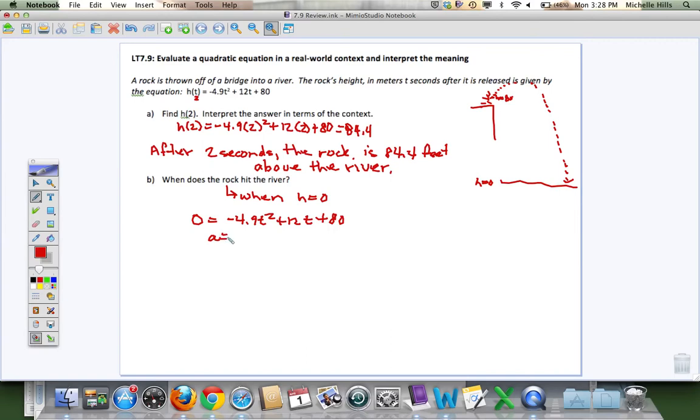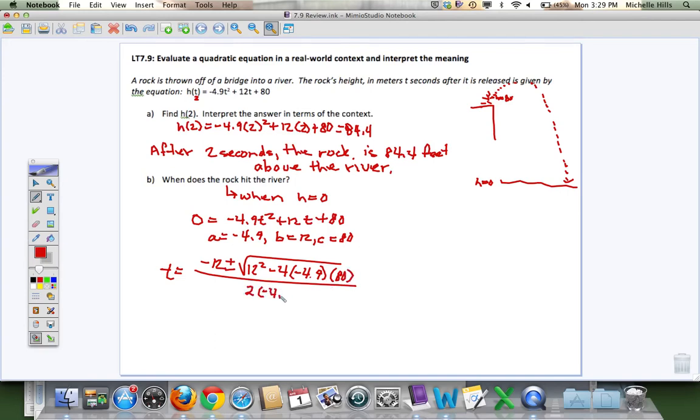So this is one where I'm going to use the quadratic formula. A is negative 4.9, B is 12, and C is 80. So the time that I'm looking for is equal to the opposite of b, so negative 12, plus or minus the square root of b squared, so that's 12 squared, minus 4 times a, which is negative 4.9, times c, which is 80, all over 2 times a, which is 2 times negative 4.9.